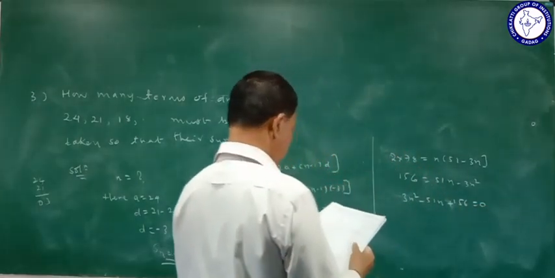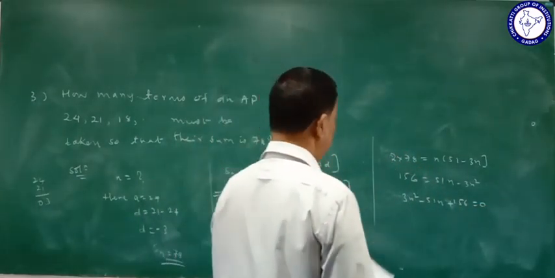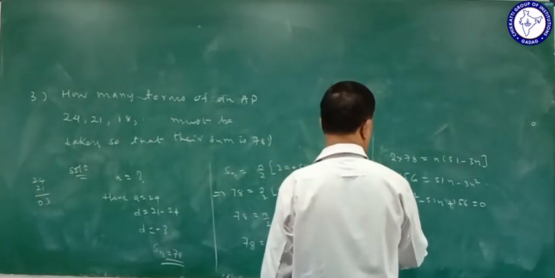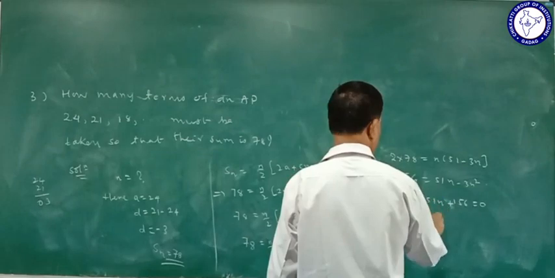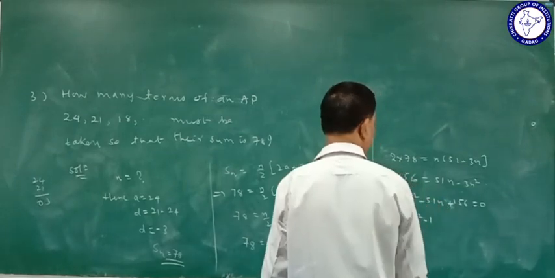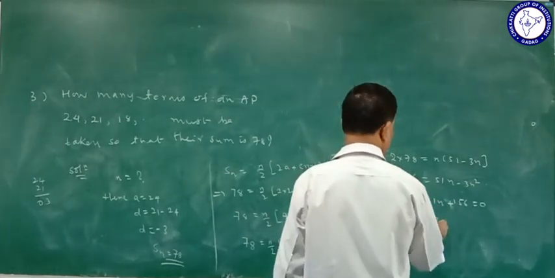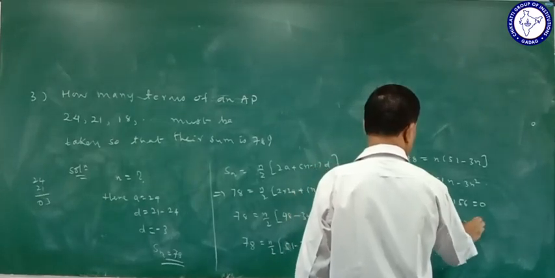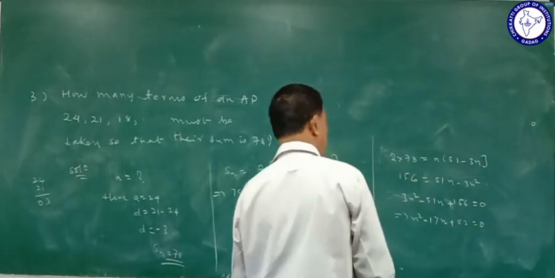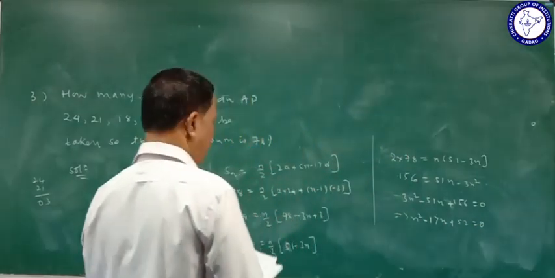Dividing by 3, we get n square minus 17n plus 52.